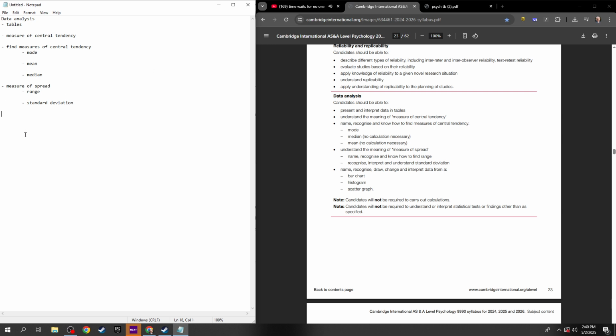There's another space in between. Graphs / charts. You have a bar chart, a histogram, and a scatter graph.